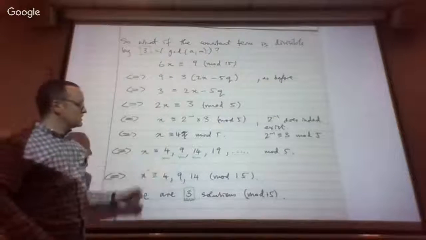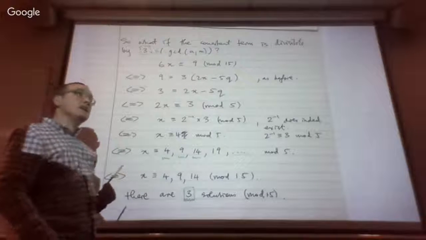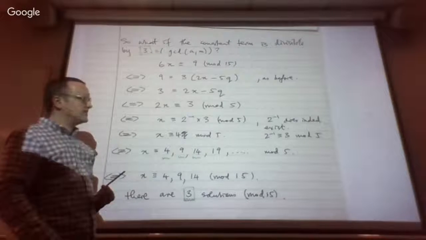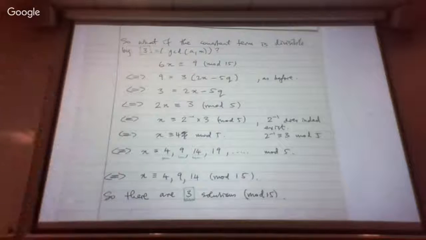We can track them through like this, and the number of distinct solutions will be the same as the original GCD. So that's the last general result that we're going to discover here for linear congruences.